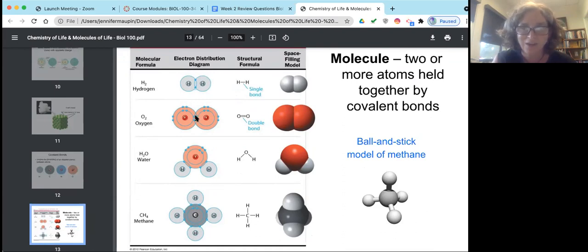They are sharing two pairs of electrons, and that is making their outer shells complete. So this oxygen atom over here now has 1, 2, 3, 4, 5, 6, 7, 8 electrons in its outer shell, and so does this oxygen atom, and that's stabilizing them both by forming these covalent bonds.